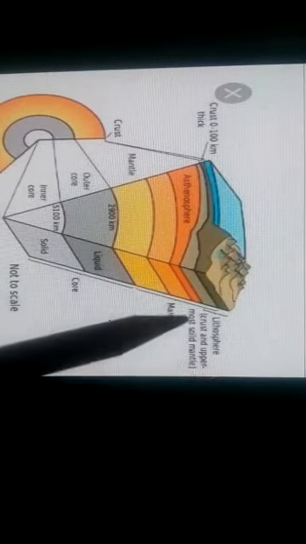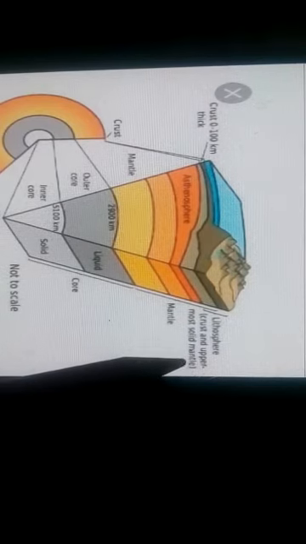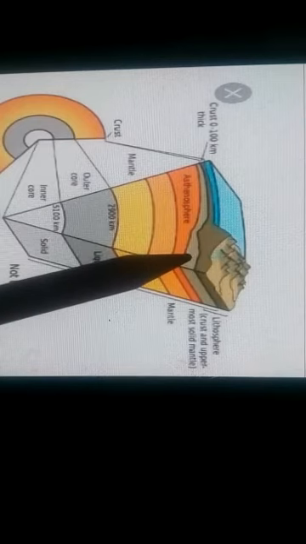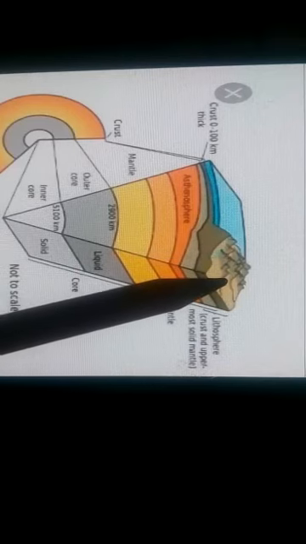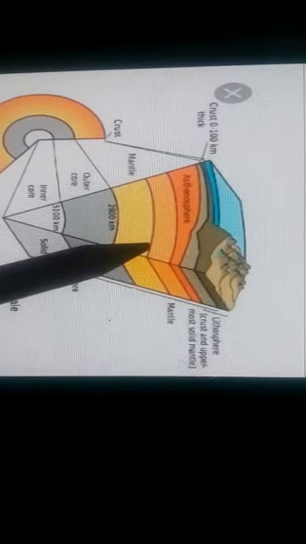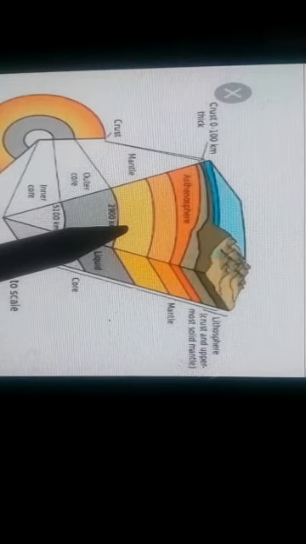The uppermost layer, the crust, and the uppermost solid mantle above the asthenosphere, the entire area is called the lithosphere. Below this lithosphere there is an asthenosphere, and below the asthenosphere there is a lower mantle.